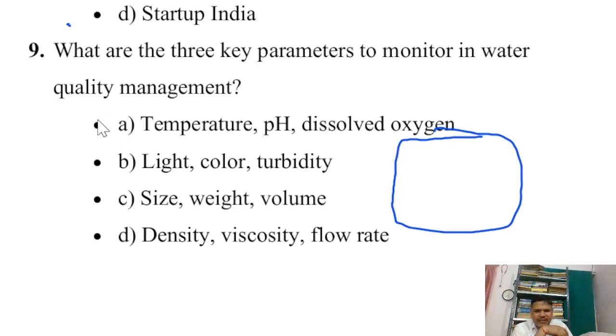These 3 features are water temperature, water pH, and dissolved oxygen. These 3 characteristics of water are very important, and we always have to maintain the correct level of temperature of the water, the correct pH level of the water, and also the correct dissolved oxygen level in the water. By ensuring these suitable conditions in our ponds, we can get good productivity of fishes. So the correct option here is option A.